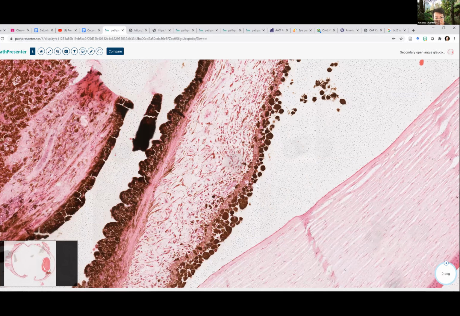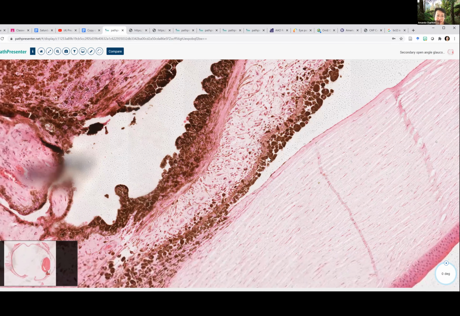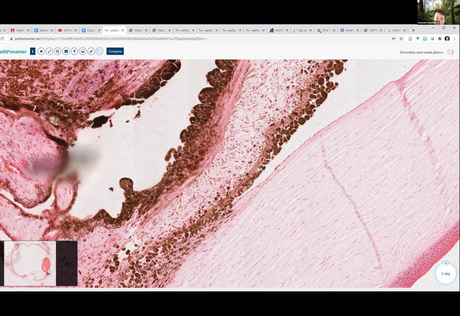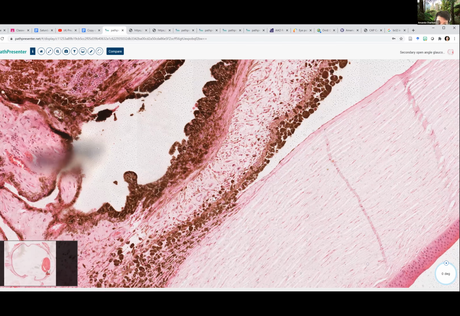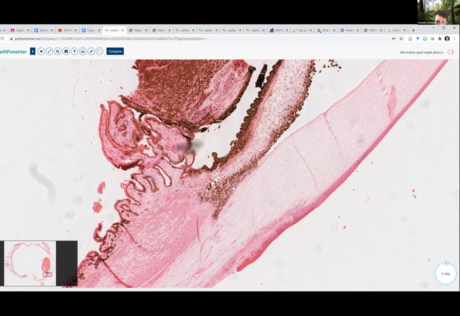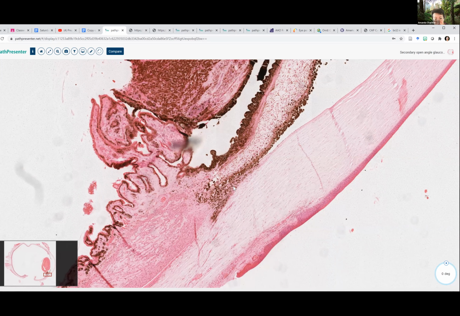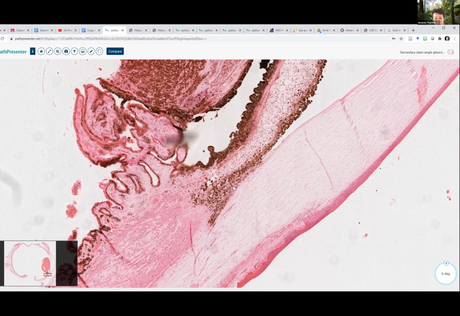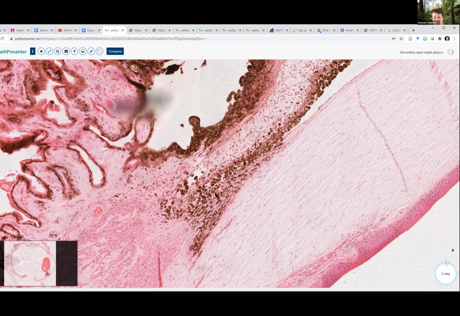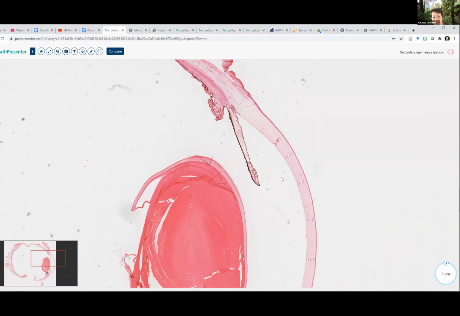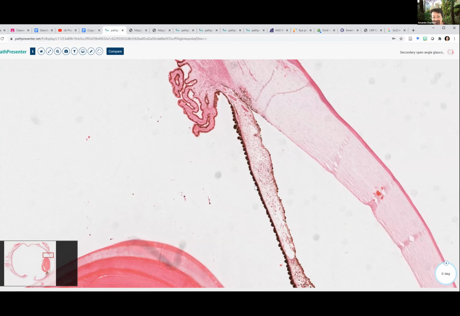And as I come around and look here at lower power, I can see that the trabecular meshwork is full of these melanoma or melanophage cells. So I suspect that we would have blockage to the outflow of the aqueous here in the trabecular meshwork. And is this true of the other side as well? Because I remember seeing some dark pigment at low power. Again, I can see the pigment cells loose in the anterior chamber.